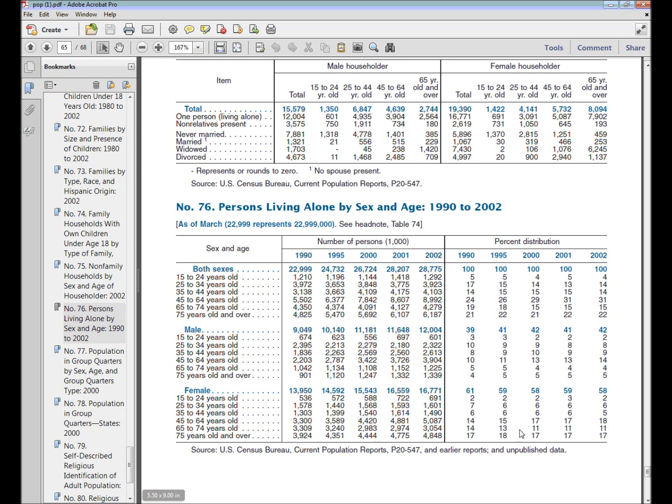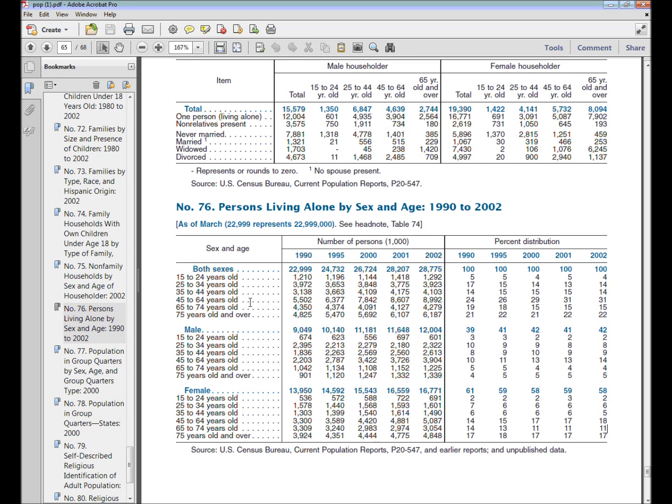So again, you can see it can be a little bit tricky figuring out how to read some of these percentages. So just to do another one, this 26% here, that would tell you that 26% of the persons living alone were 45 to 64 years old. Okay, this is not 26% of 45 to 64-year-olds live alone. It's describing the population that lives alone.